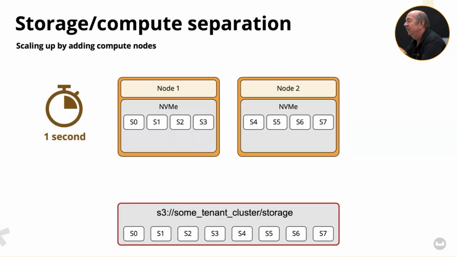So now your query, rather than taking 2 seconds, is going to take 1 second, because each node will be computing its part of the answer in parallel. So the storage compute separation allows you to adjust your cluster size to your performance requirements nicely. And it doesn't take very long, because it's basically just reassigning who's in charge of what. We're not having to shuffle the data around the universe to do that kind of repartitioning and scaling up.